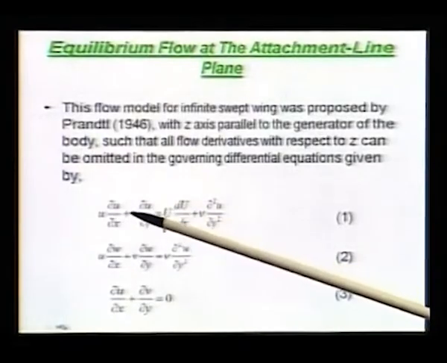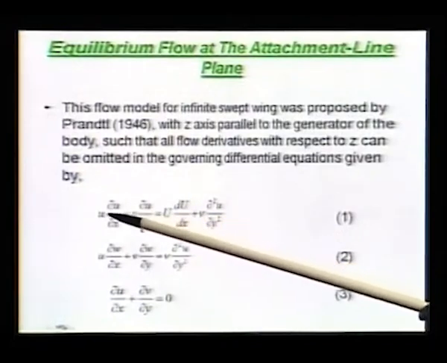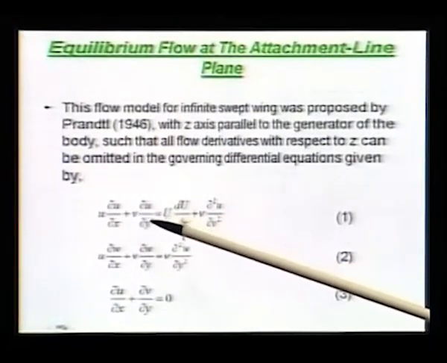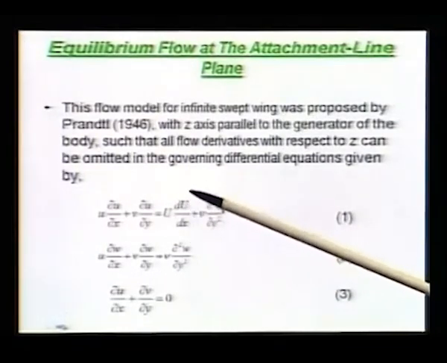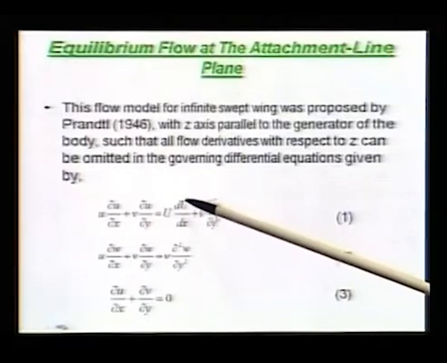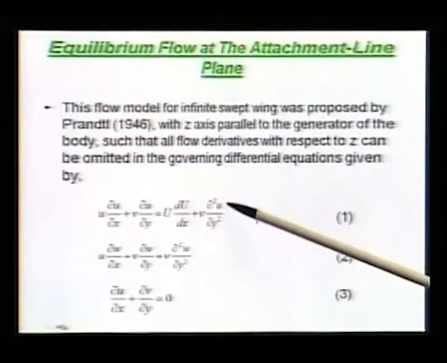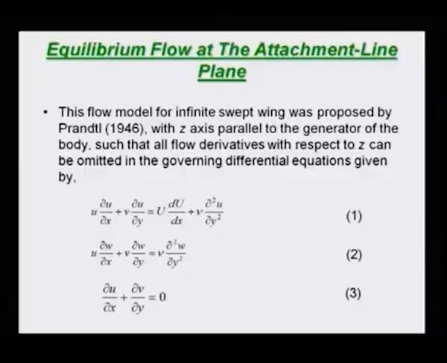U is the velocity component in the x direction, v is the velocity in the y direction, and then what is this term? You can recognize it, this is the pressure gradient term in the x direction, and this is your viscous diffusion term. What have we done here?